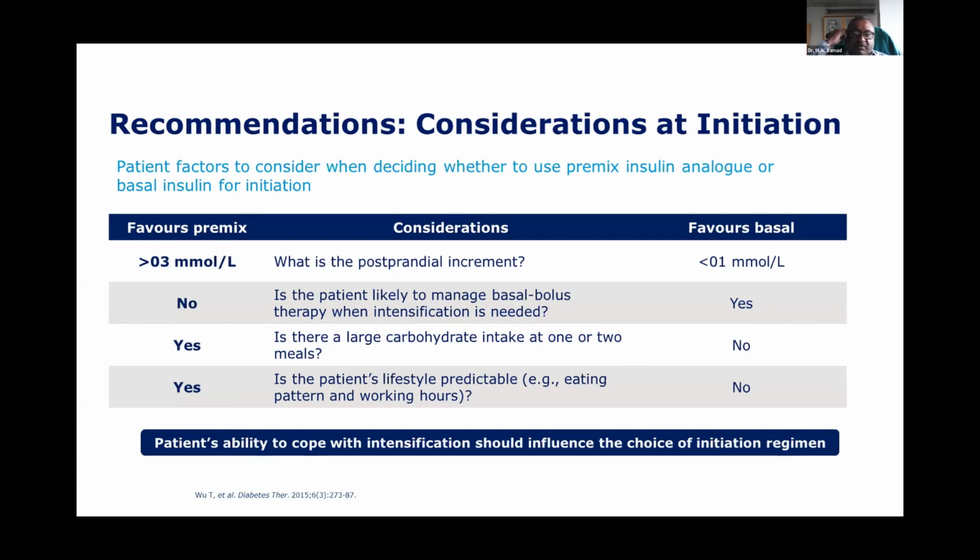If there is a large carbohydrate intake at 1 or 2 meals, then it favors premix. If there is no large carbohydrate intake, you can start with basal because of once daily dose. If the patient's lifestyle is predictable, that means eating pattern and working hours, then premix insulin is the best choice. But if you cannot predict, then basal insulin is the preferred choice.